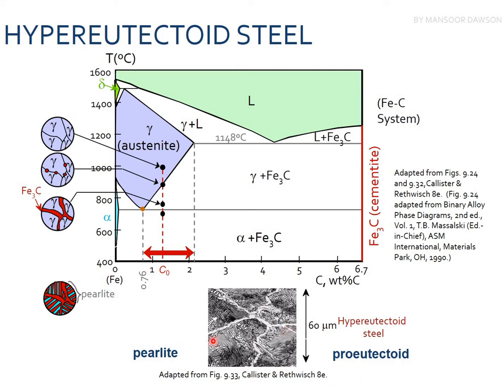You can see in the figure as well that these lighter lines are the proeutectoid cementite, and all the other lamellae are pearlite, which consists of ferrite and cementite.